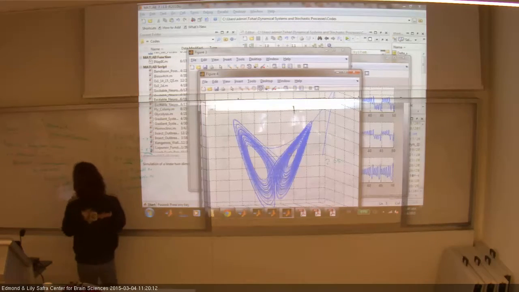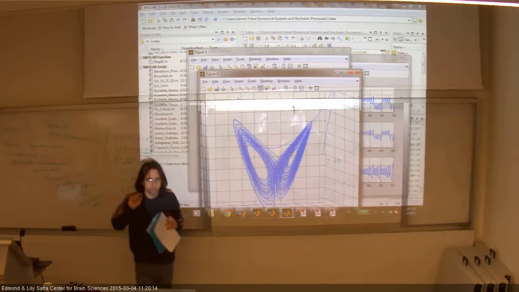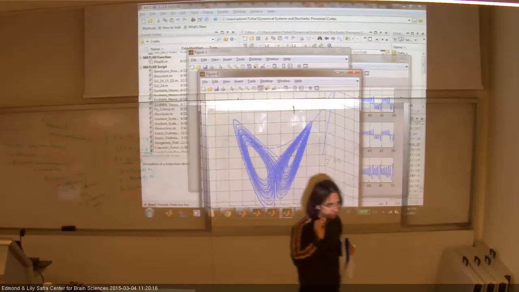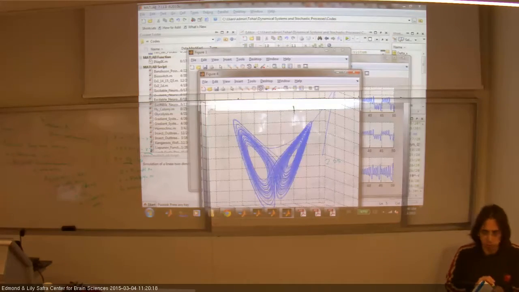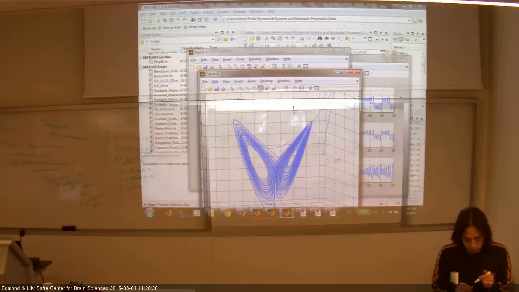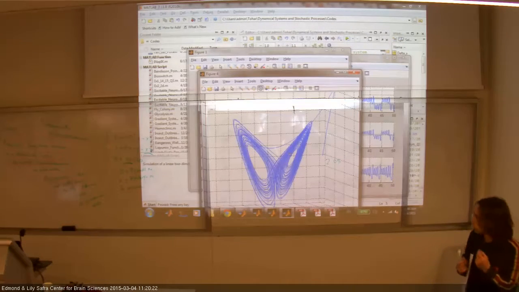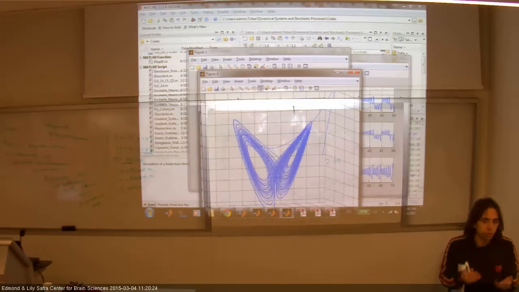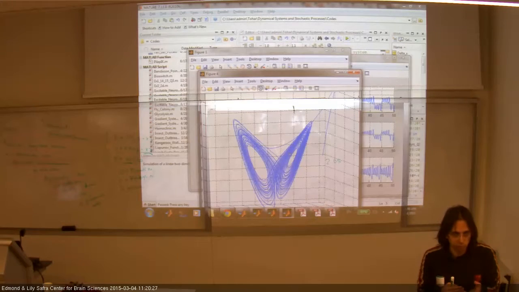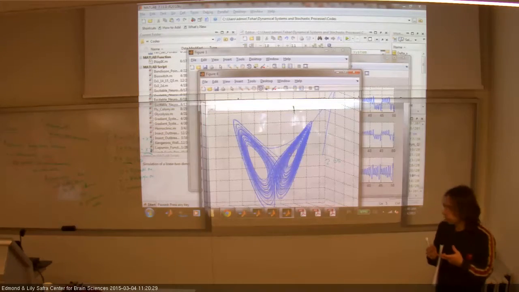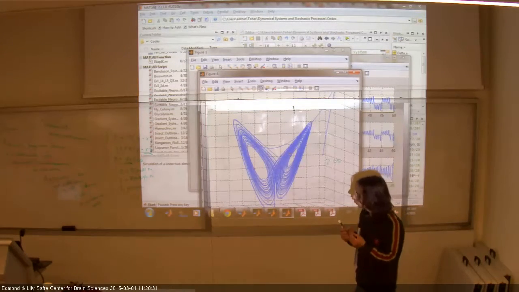So the irregular behavior arises only because of the nonlinearity. Okay, this is also important. It means a lot of times when you analyze a system, you say, okay, there are things that I don't know how to predict. There is noise in the system. Maybe there is something inherently stochastic in the system.